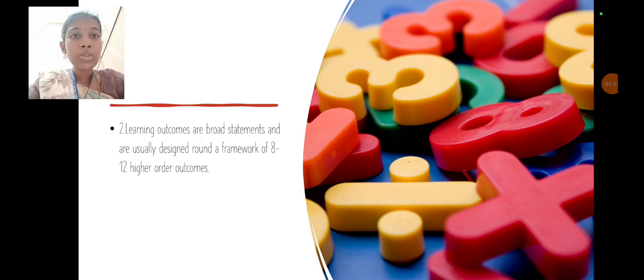If set out appropriately, they are individual and user friendly. They can be used easily in curriculum planning, in teaching and learning, and in assessment. The second one is that learning outcomes are broader statements and are usually designed around a framework of 8 to 10 higher order outcomes.